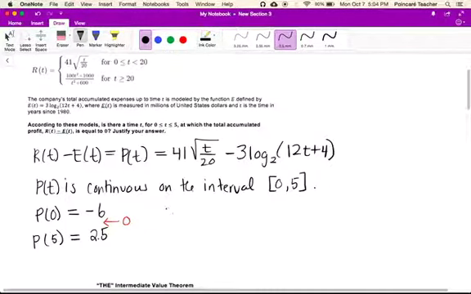So we already said P of t is continuous, so now we've got to write the second part of our justification.